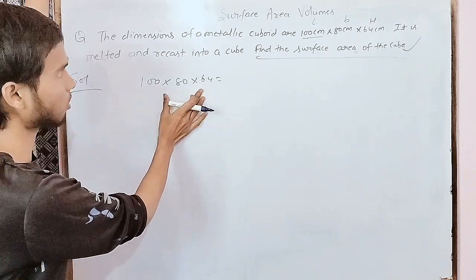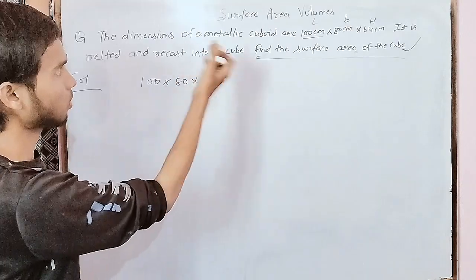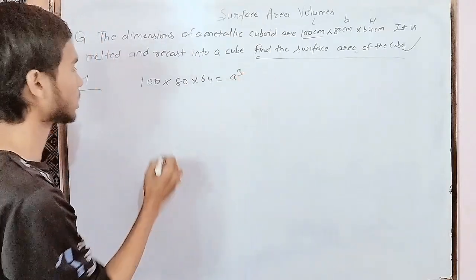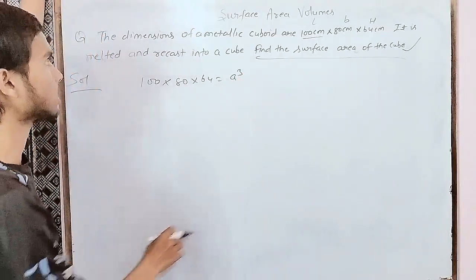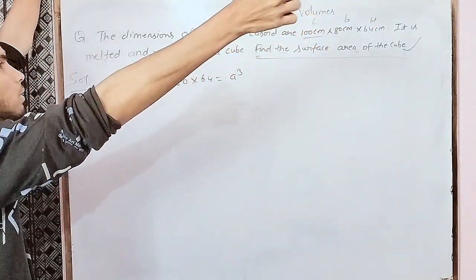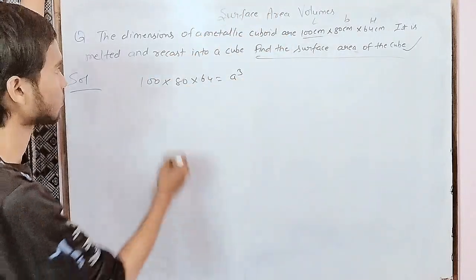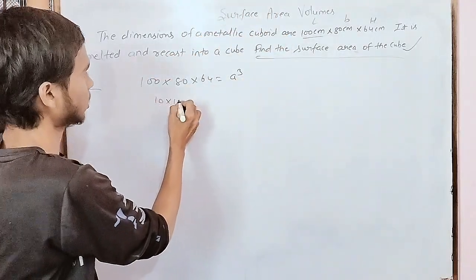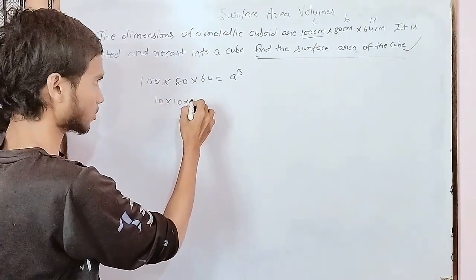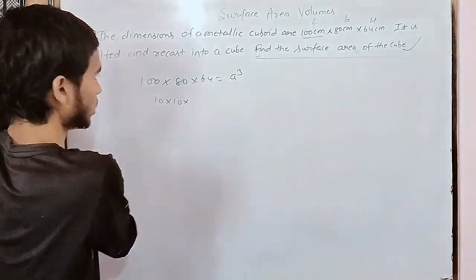We can say this volume is equal to the volume of the cube, isn't it? Just the keyboard was converted into a cube, where the volume is the same. So 10 multiplied... here how much would this be?